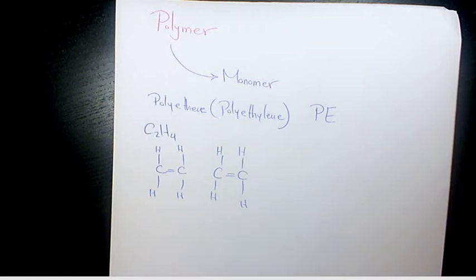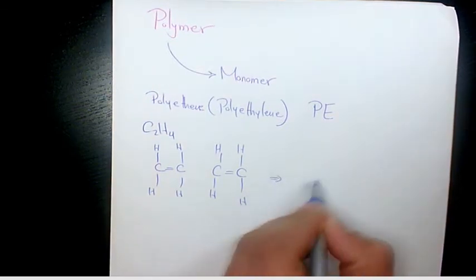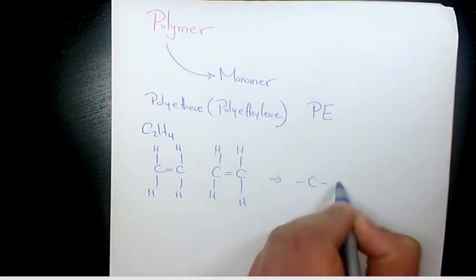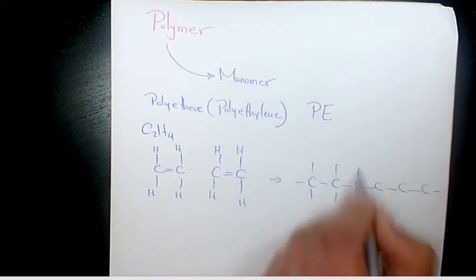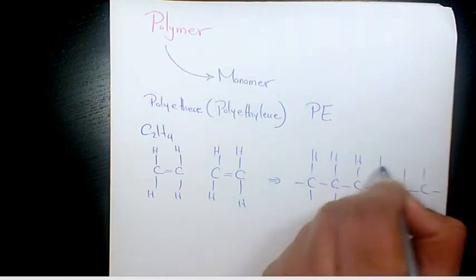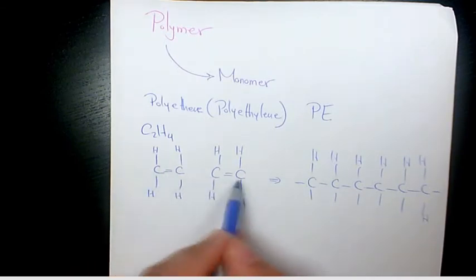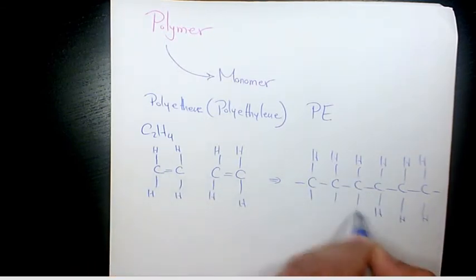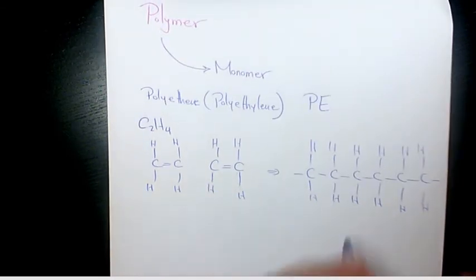So this polymer, polyethylene, which is the most common, is coming from the monomer ethylene, and when they are connecting to each other, we have lots of these bondings. As you saw here, the double bond is converted to single bond, and they are connected to each other, and that's how we make polyethylene.